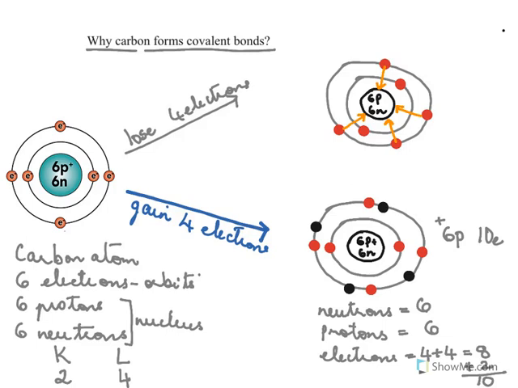So in order to lose 4 electrons, too much energy is needed. So the carbon atom cannot resort to losing 4 electrons. The only option left is to share the 4 electrons with another atom. It cannot gain 4 electrons, neither can it lose 4 electrons, so the only option left is to share 4 electrons.